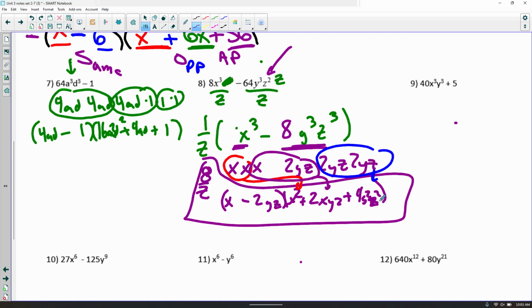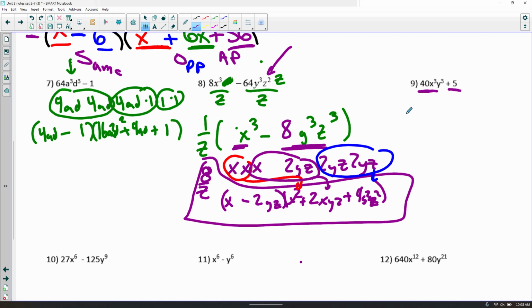What about number 9? What do you notice in that one? Abigail, what do you think? What do you notice about number 9? Like if you were taking a quiz right now, what would you look for at the very beginning?